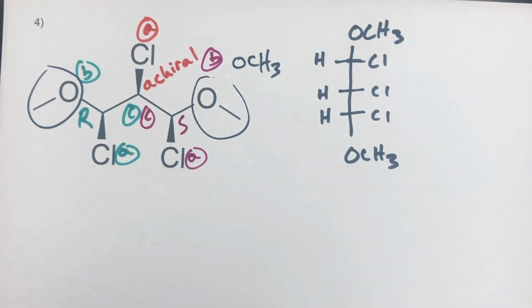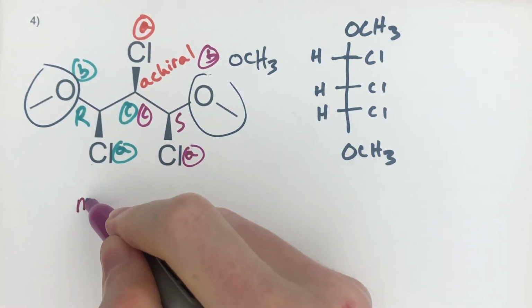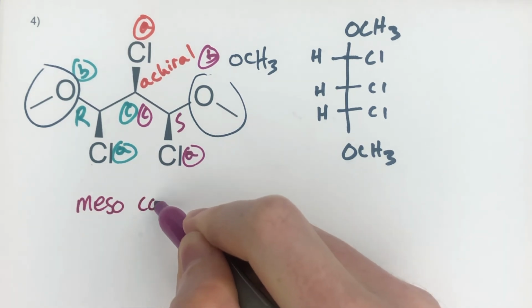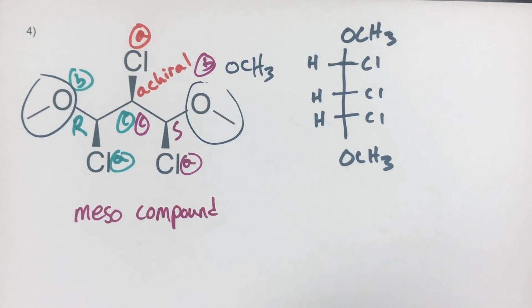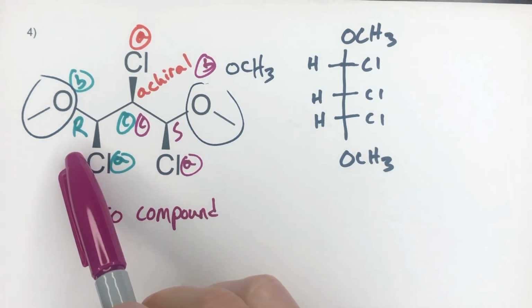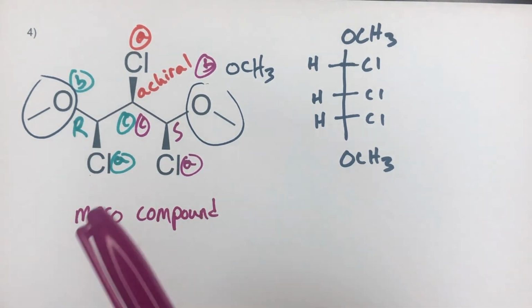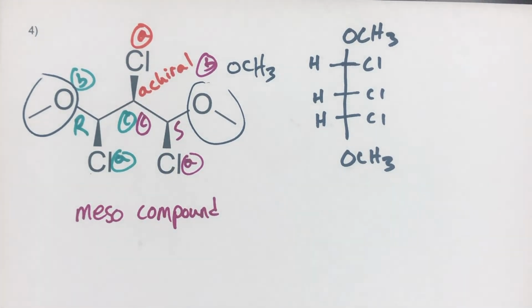So as an aside, this is a meso compound, which contains chiral centers but has no chirality itself, because the chirality internally cancels such that you have an R and an S group, and then this center is not chiral, as we determined based on the symmetry.